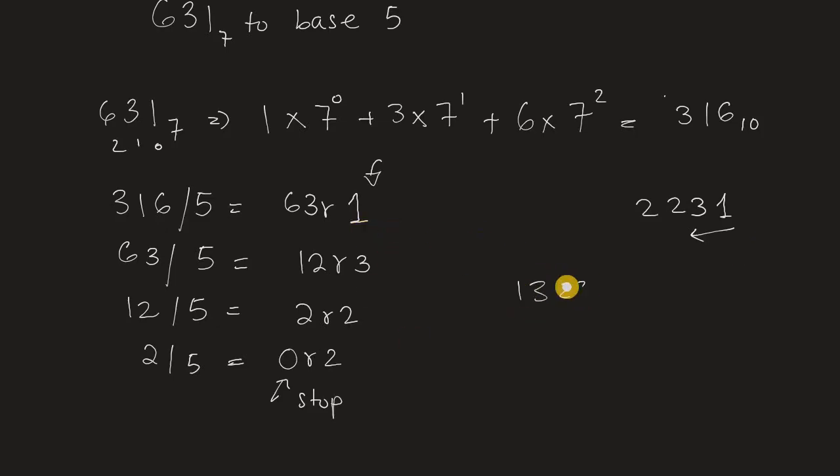You don't go 1 3 2 2. No, that would be wrong. Make sure that you go in this direction: you take this number, put it over here, this number, put it over here, and so on. So your number becomes 2 2 3 1 in base 5.